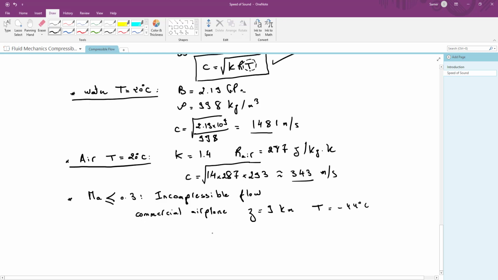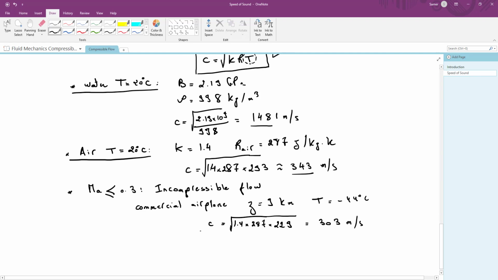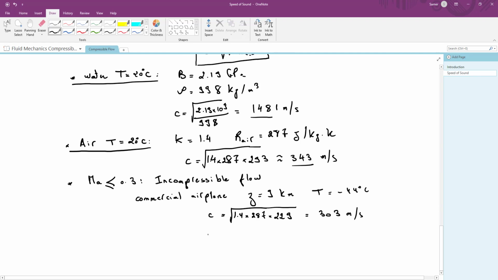The speed of sound at this altitude will be equal to the square root of k times R times T. In Kelvin, the temperature is 229, so the speed of sound will be 303 meters per second. Commercial airplanes will travel at a velocity of 900 kilometers per hour, which is equivalent to 250 meters per second.